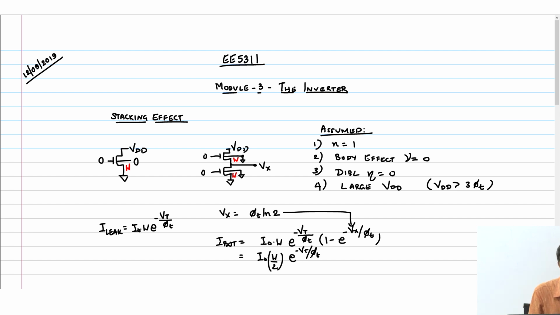Okay. So the first conclusion that we got from this was, if you don't have any of these short channel effects, then the two transistor stack simply reduces to a single transistor with half the width, right? So if I now make this W by 2, then this equation would become W by 2 and the two currents will be equal.